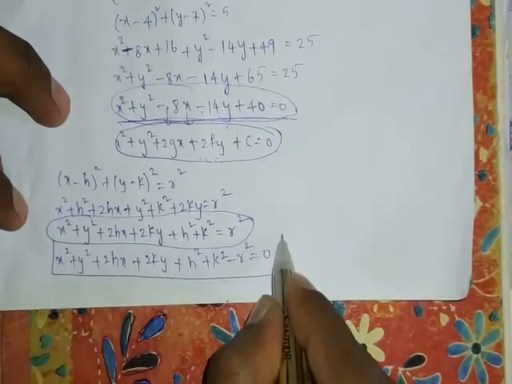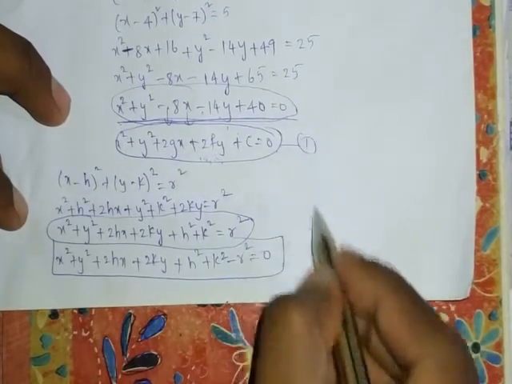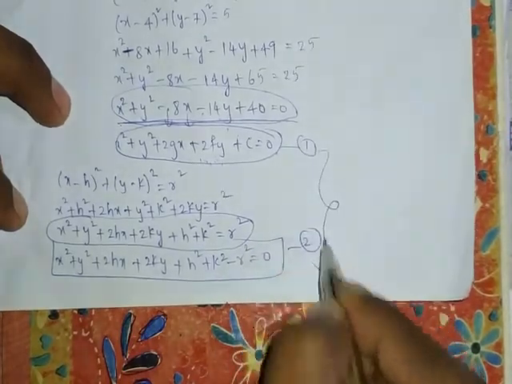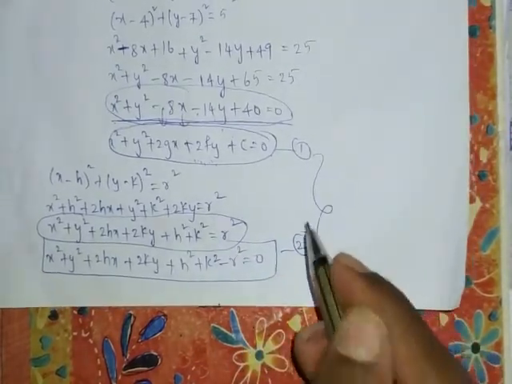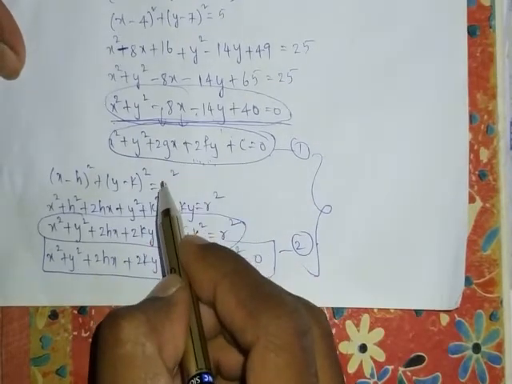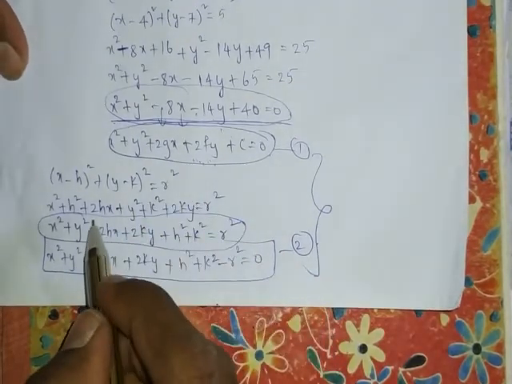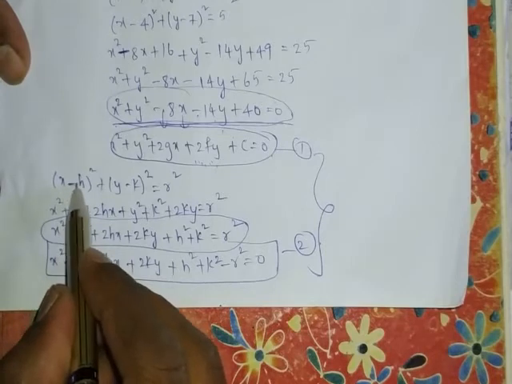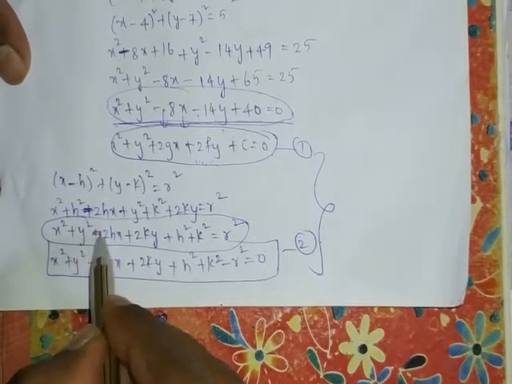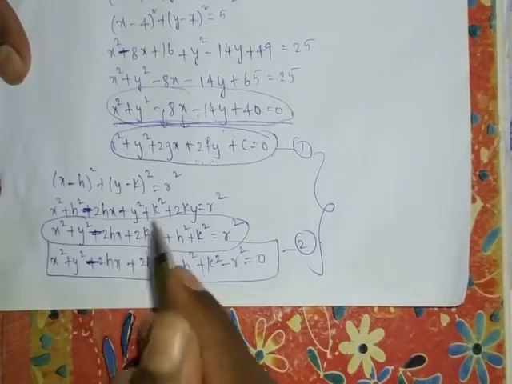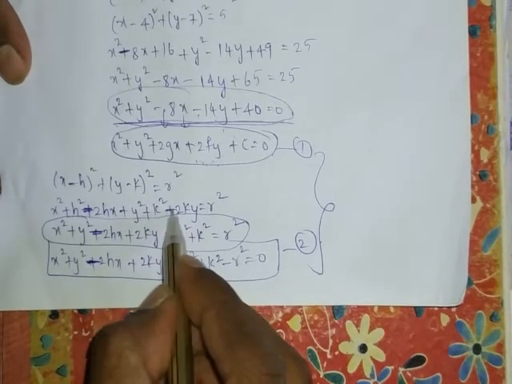So let us compare this equation. This is equation 1 and 2. If we compare these two equations, sorry, I made a mistake here. In x minus h whole square, we will get minus here, minus here, and minus here too.